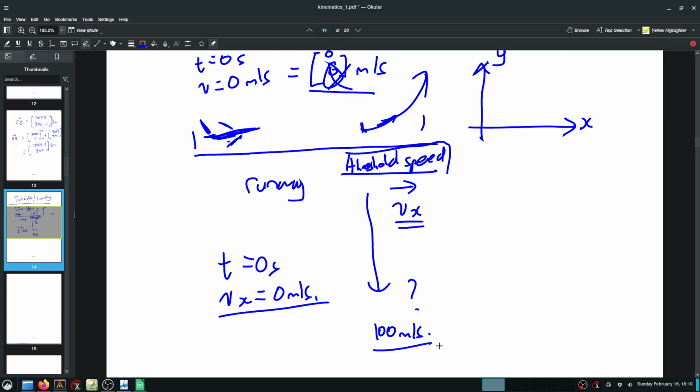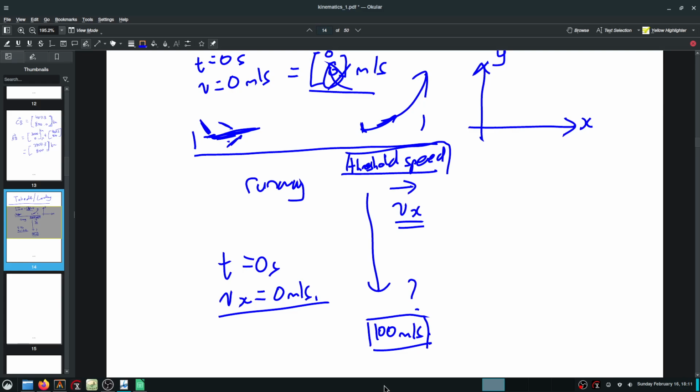For different planes, this threshold speed is actually quite different because it depends on the wing design, how heavy your plane is, how much cargo it's carrying, and so on and so forth. Maybe there are weather conditions as well that can affect that. So this threshold speed may not be a fixed number for every plane. In fact, in different situations, different planes will have a different threshold speed.